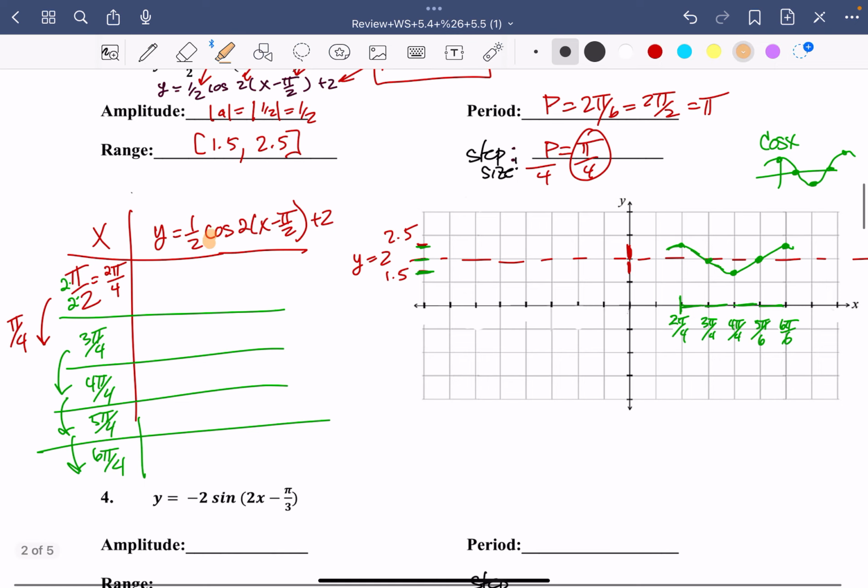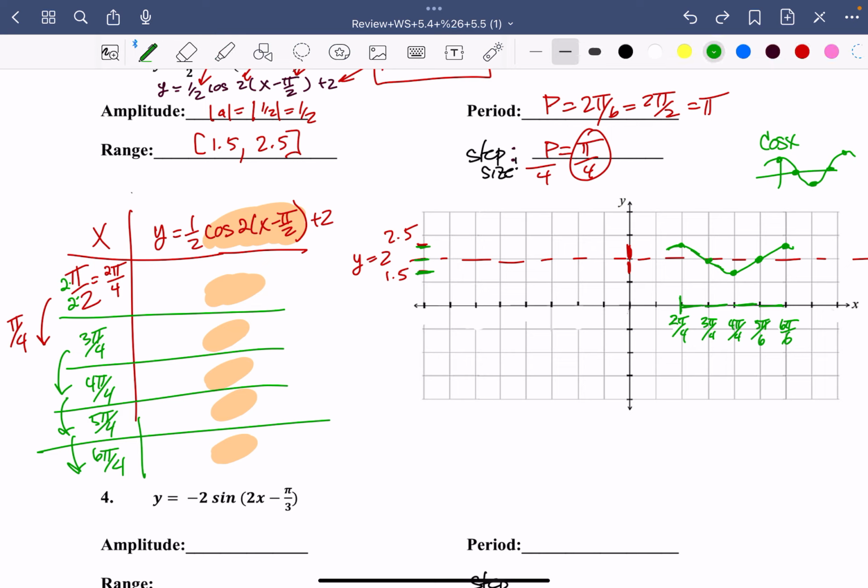And so let's verify these. So what do we have every time? I have cosine. All those old cosine values, you've done two things to them. You multiply each one by 1/2, and then you add 2, right? So cosine is 1, 0, negative 1, 0, 1.